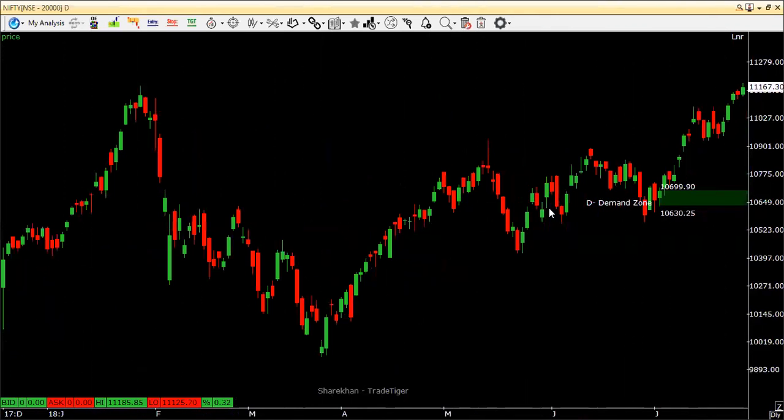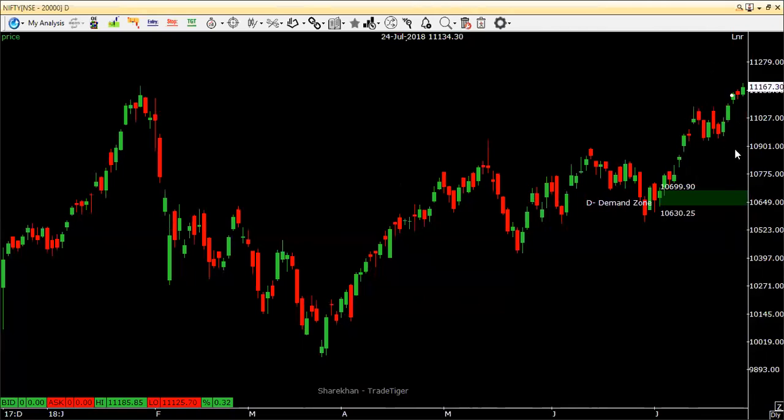So I wouldn't want to take a chance by going short, because markets definitely are bound to come down, but will it come down right from here? Will it go up another 200, 300, 400, 500 points and then come down? Nobody knows that. So I wouldn't want to take a chance by taking short positions, though the market is overbought and all those things, right?